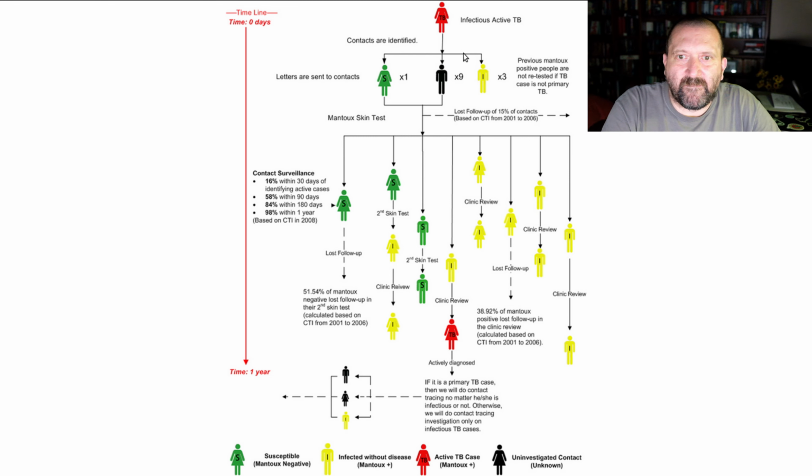Some of them might be susceptible, so they have not contracted the infection. Some of them might be, I'm not sure what this one is, and some of them might be infected. Oh yes, uninvestigated contact. Okay, so these are some contacts that are tracked, some contacts that are not known, and some contacts that are infected with the disease.